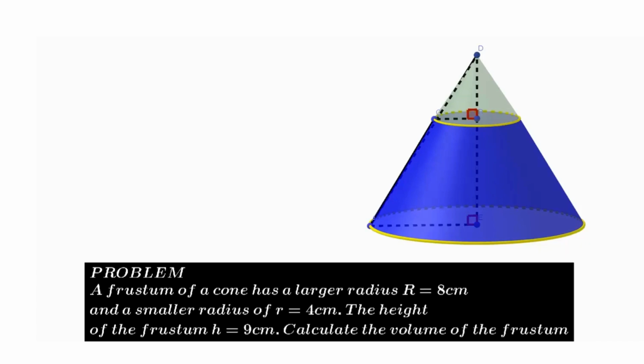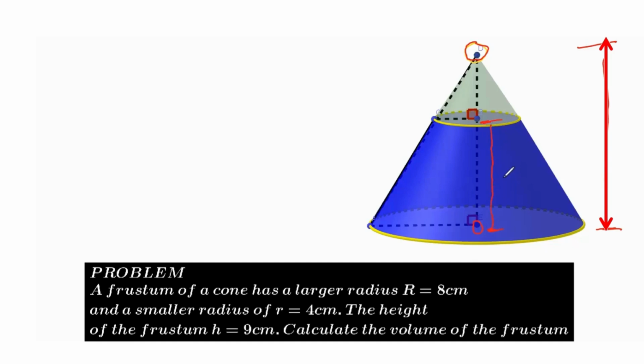The height of the big cone is from here down to this. That's where we have the height of the big cone. All right. And the height of the frustum is from here down. This is the height of the frustum.